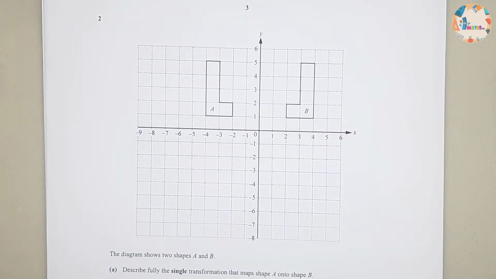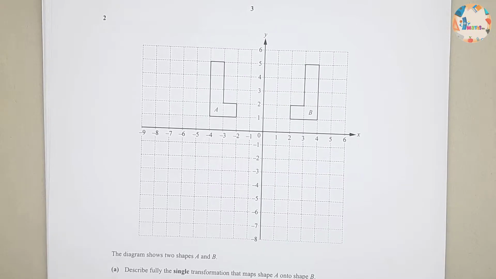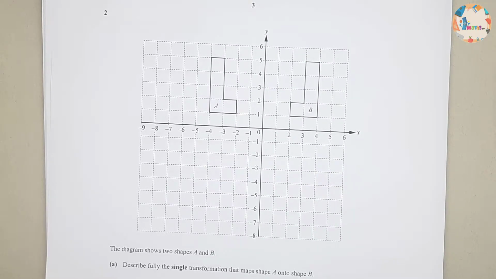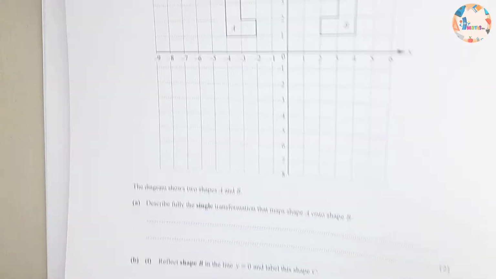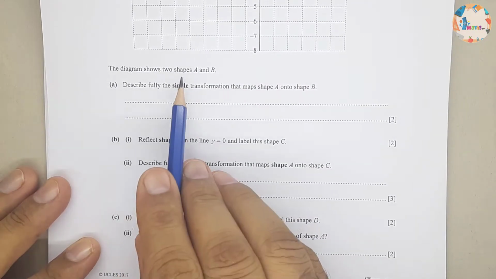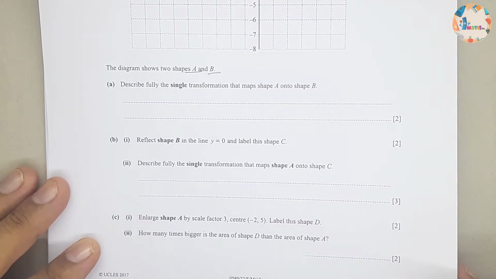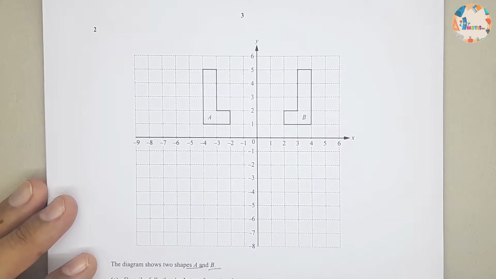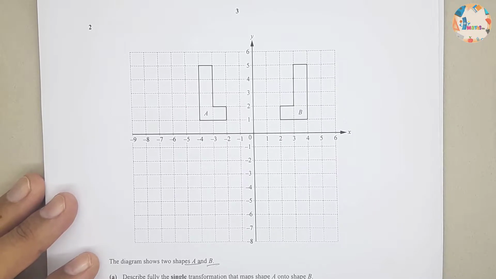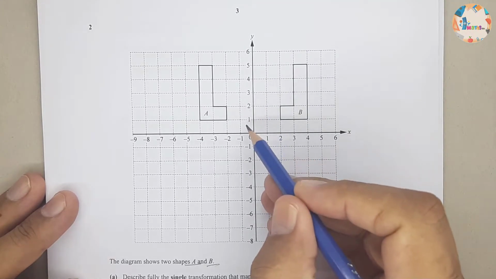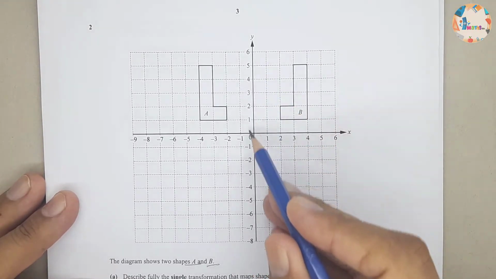Question number 2 is a transformation question. In the question they are mentioning the diagram shows two shapes A and B. Describe fully the single transformation that maps shape A onto shape B. If we check, this is basically a mirror or reflection.